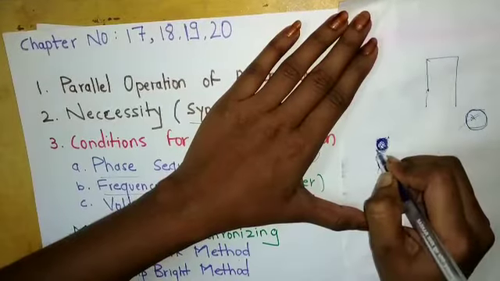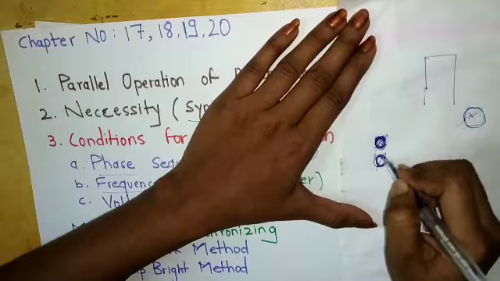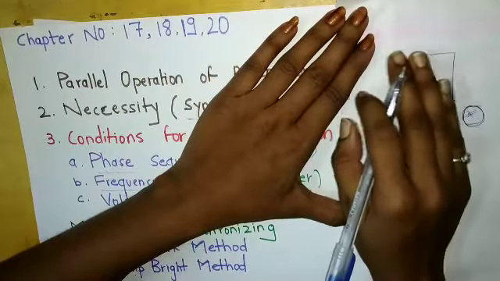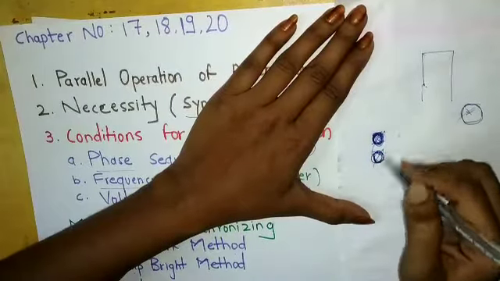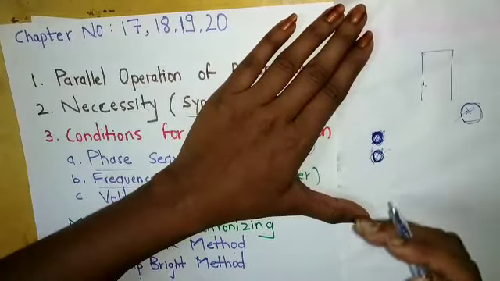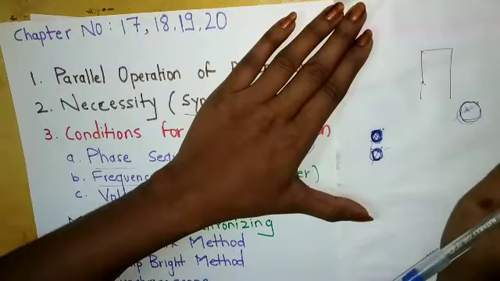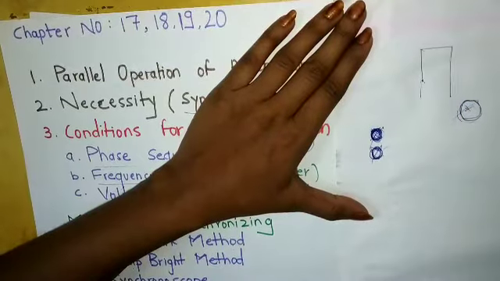If any one of these alternators is not working, another will work, right? Another will provide the supply to this building. That means there will be no complete shutdown in this building, because we are using a number of alternators connected in parallel. If there is one big unit, then what will happen? If there is any fault, then it will not be able to provide the proper supply.